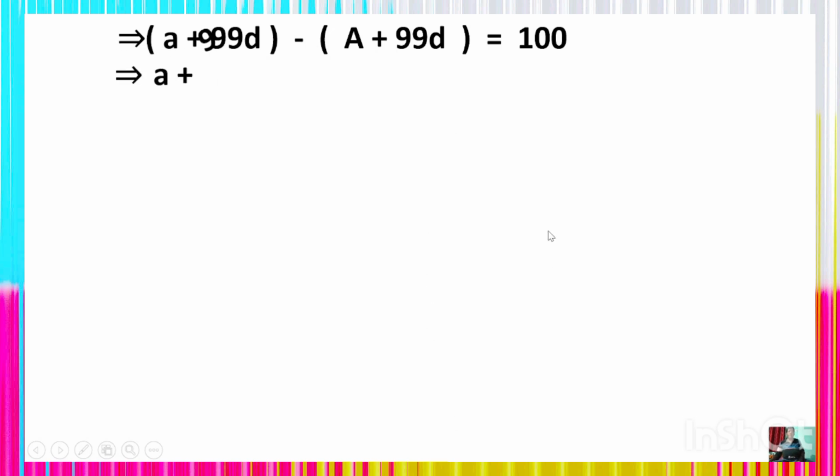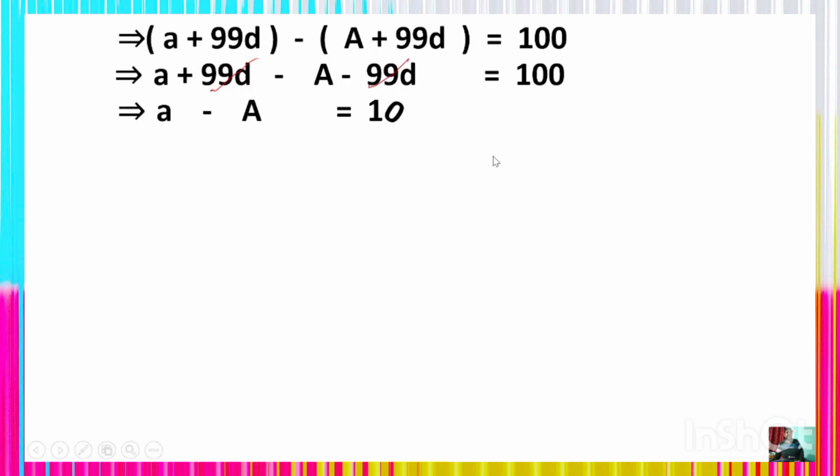After removing the bracket you get a plus 99D minus capital A minus 99D is equal to 100, because the sign changes after removing the bracket. Here plus 99D and minus 99D cancel, and after cancellation we get small a minus capital A is equal to 100. This is equation number 1.